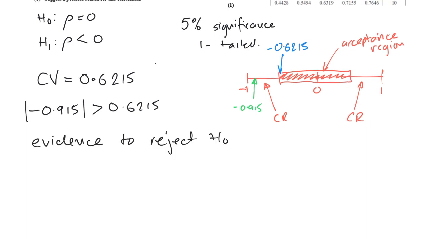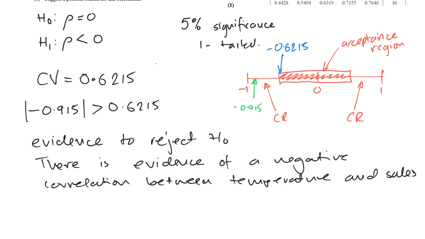Remember that H0 is that rho, the correlation coefficient, is 0. We're saying it's not 0. And because we've conducted a one-tailed test against the idea that it's negative, we now have evidence that there is a negative correlation. That answer needs to be given in context, otherwise you don't get the points.